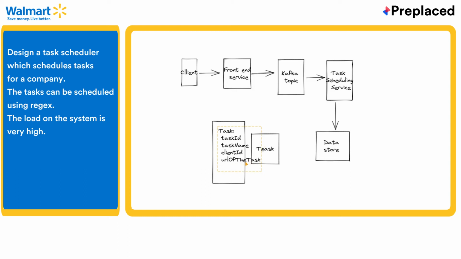Okay, so the URL of the task is here, and the time of execution also. And whether it is a one-time task or a repeated task, we can have a column which takes the type of task.